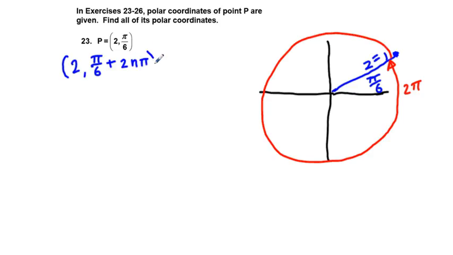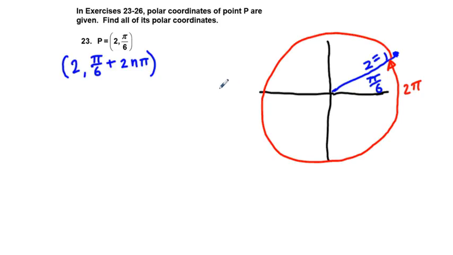And what this means is we take 2 pi, which is a full rotation, and multiply that by n. So n will be any integer, and it will make this relation work.